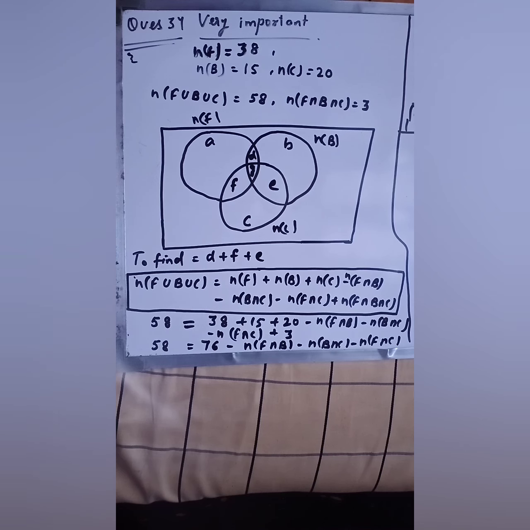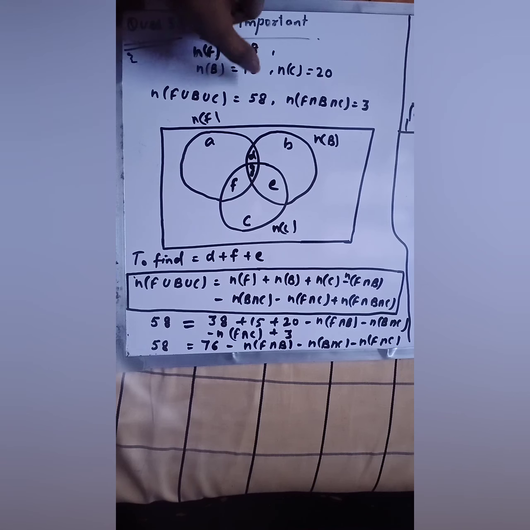The question is, a college awarded 38 medals in football, so n(F) will be 38, for basketball 15 medals, and for cricket 20 medals. The total number of medals given to the winners is 58 in all three games.